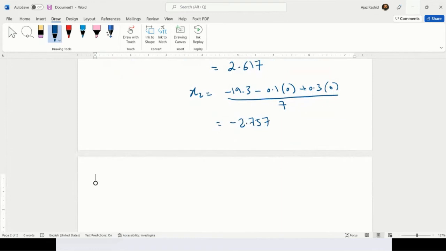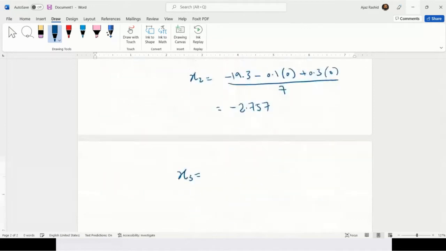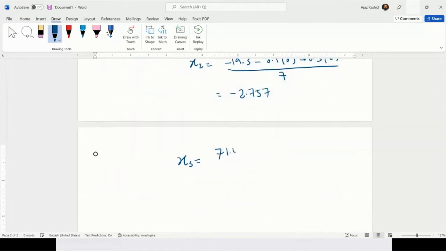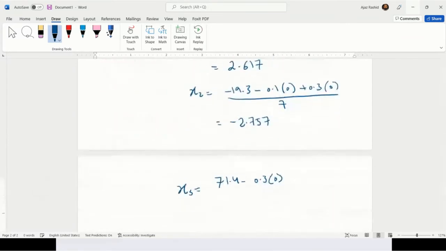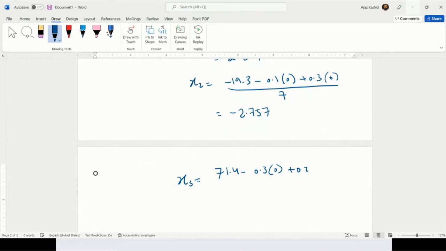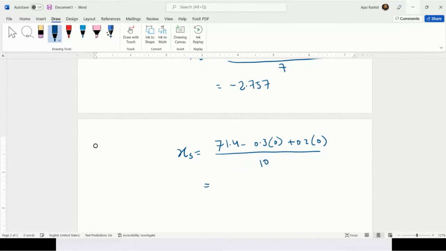And then I have x3 is 71.4 minus 0.3 x1, which was 0, plus 0.2 x2, which was 0, divided by 10. Of course, 71.4 divided by 10, that's easy.